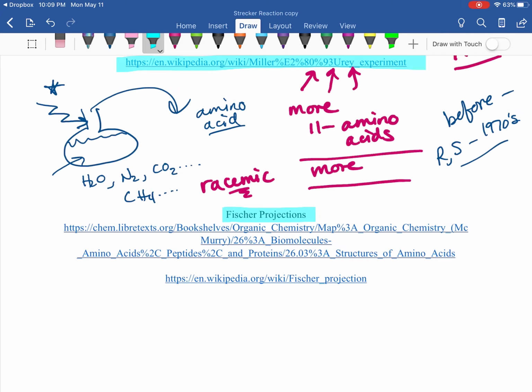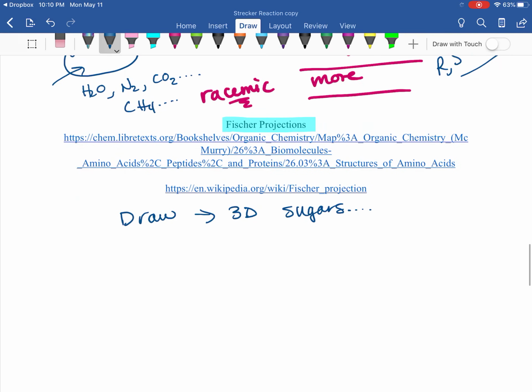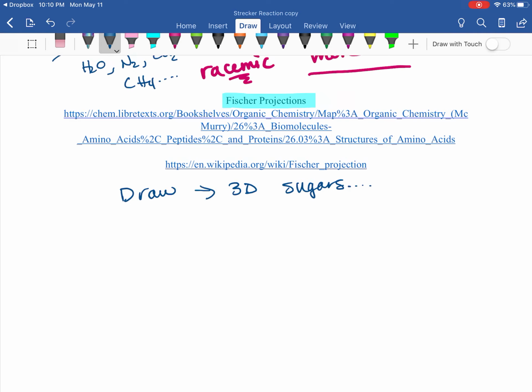Starting with glyceraldehyde as the most basic sugar, he recognized that there were two forms of that basic sugar, and then developed a way to draw those sugars. So looking at a way to draw that 3D structure of sugars, he came up with this Fischer projection. I know you've seen them in textbooks before, but you may not know where they came from or why we care about them.